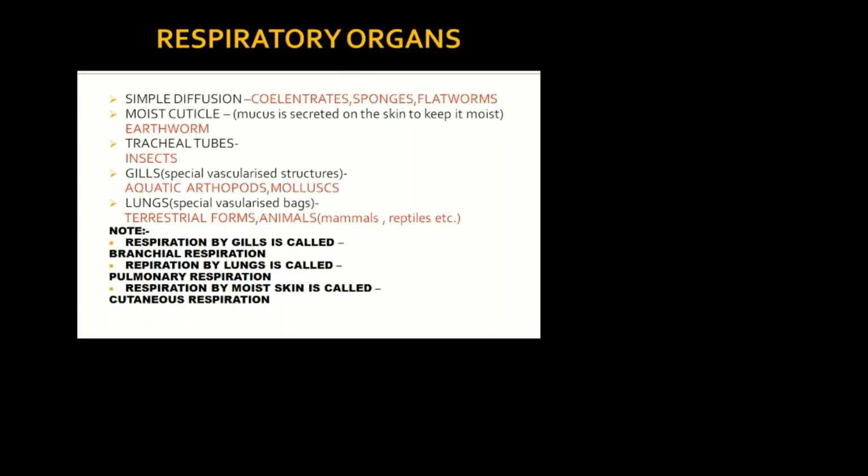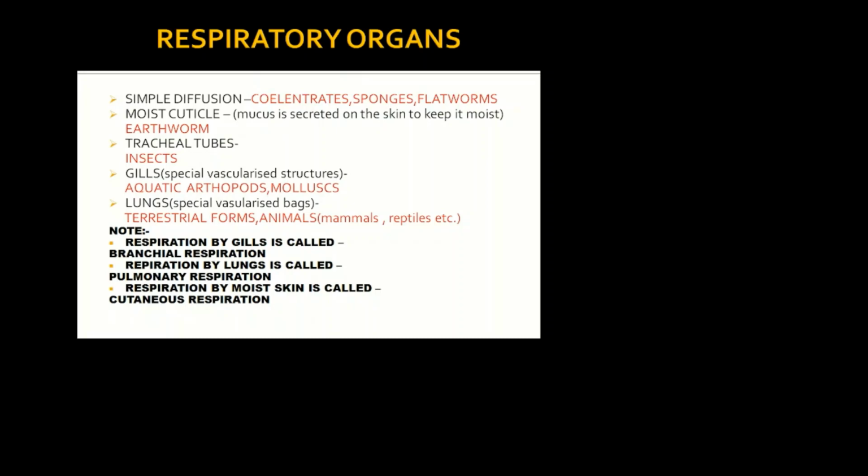Mucus is secreted on the skin to keep it moist. As we know, the earthworm is very slippery. A gland secretes mucus to keep the skin moist. If the skin is not moist, the earthworm will die because it will not be able to respire.